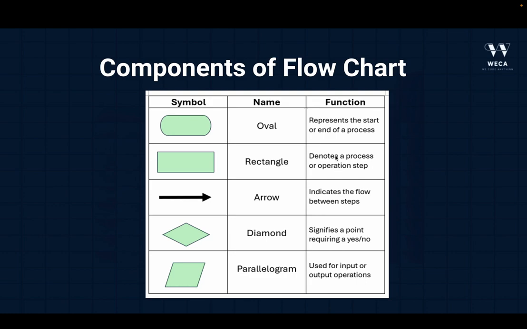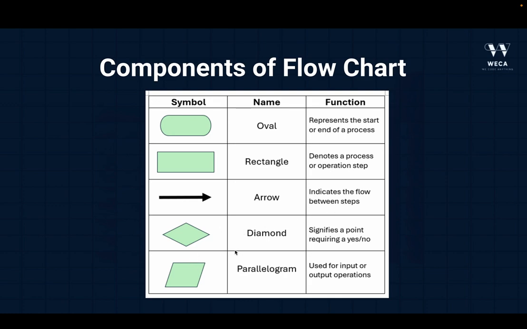When you see the oval shape, it represents the starting of a process. When you see a rectangle shape, it connotes a process or operation step. So you're saying, okay, this is what is operating, an operation step within your flowchart. The arrow, of course, indicates the flow between steps.